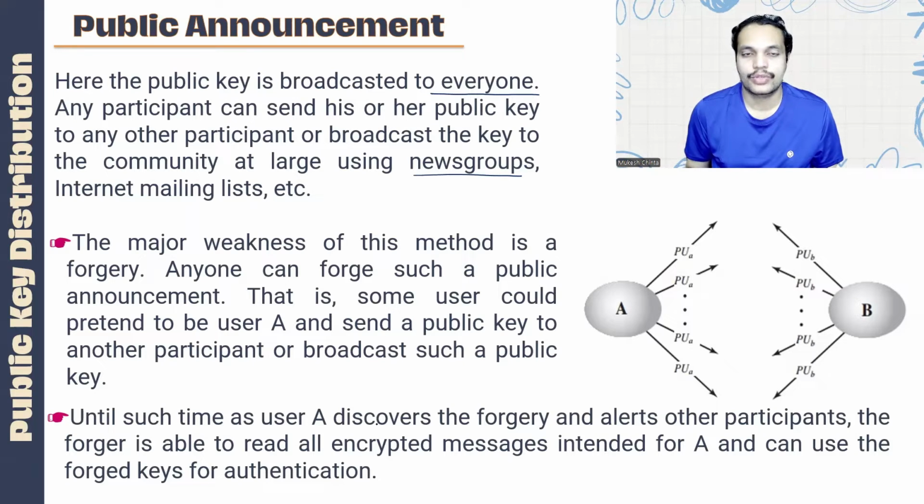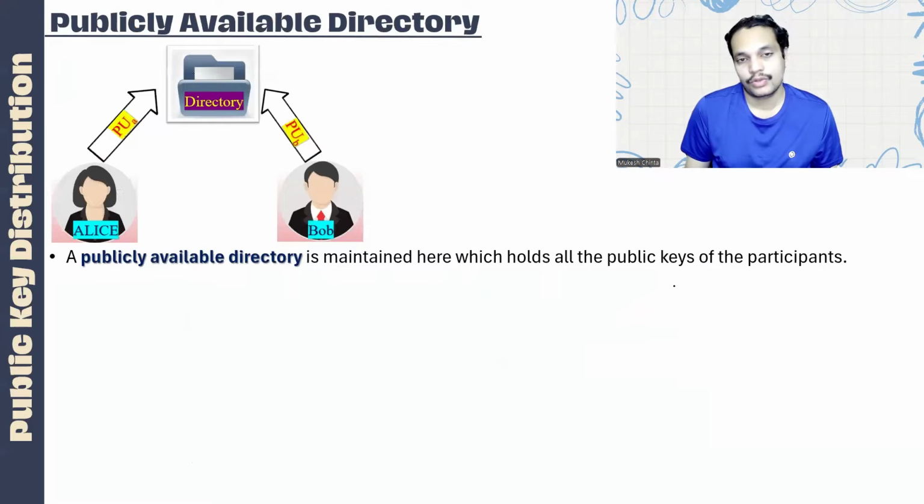Until such time as user A discovers the forgery and alerts other participants, the forger is able to read all encrypted messages intended for A and can use the forged keys for authentication. So this is not the best way of sharing the public keys because there is always a risk of forgery or impersonation.